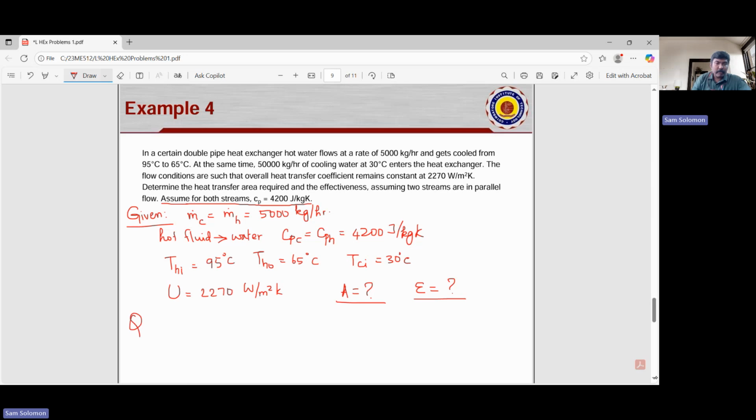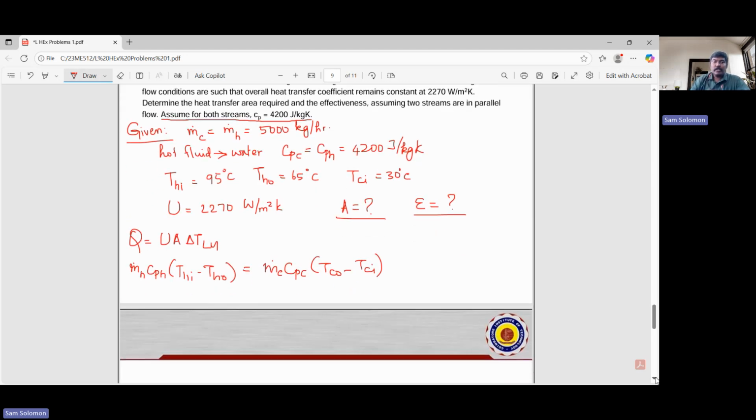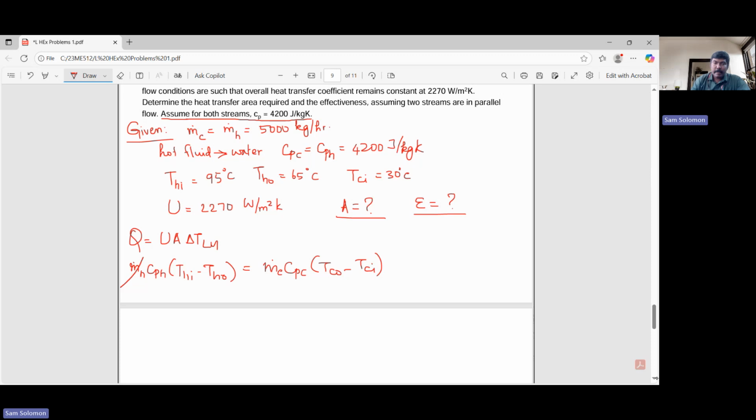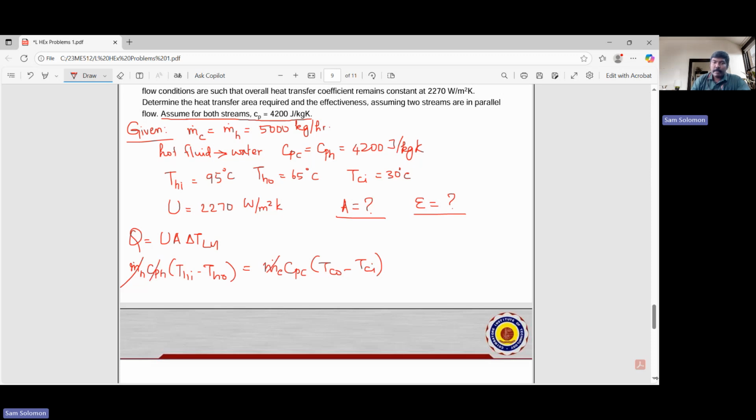So that is going to be equal to Q equal to UA times delta TL. So you would be using m dot H CPH THI minus THO, that is going to be equal to m dot C CPC times TCO minus TCI. Okay. And in this case, m dot H is same as m dot C. CPH is same as CPC.